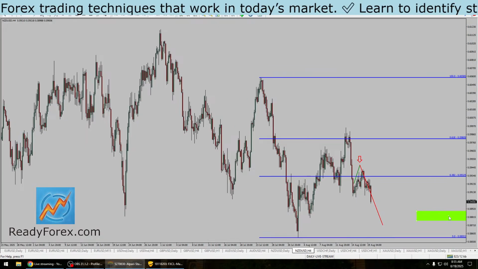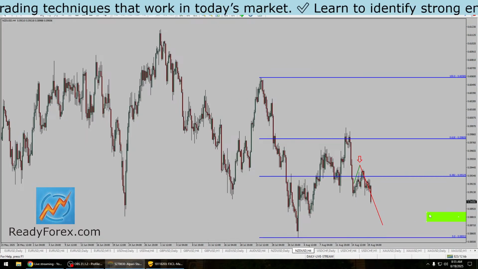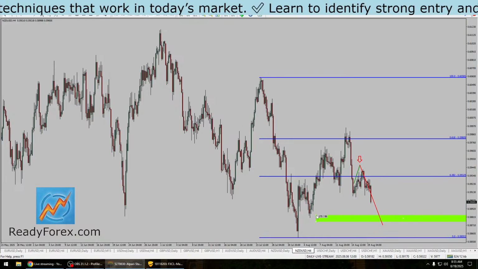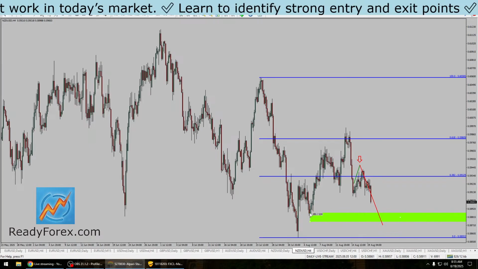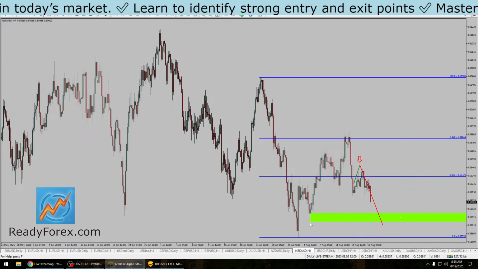So regarding the NZDUSD currency pair, the way I see price action is probably trying to find a bottom over here.